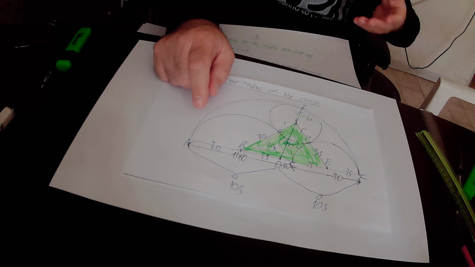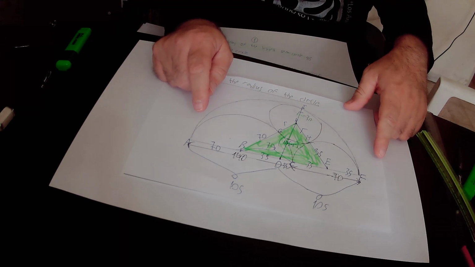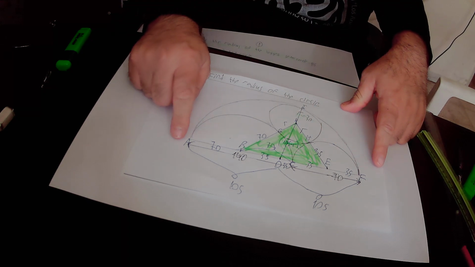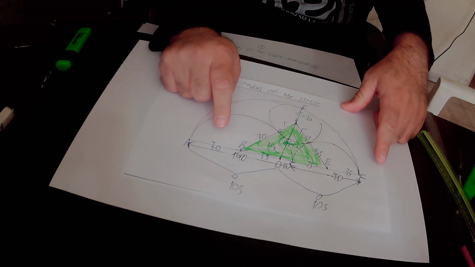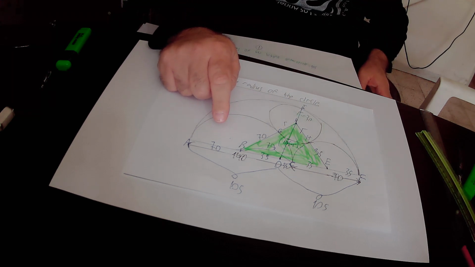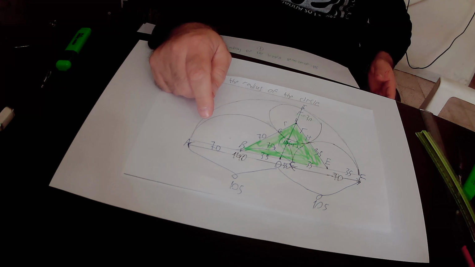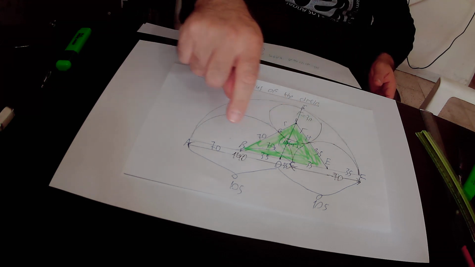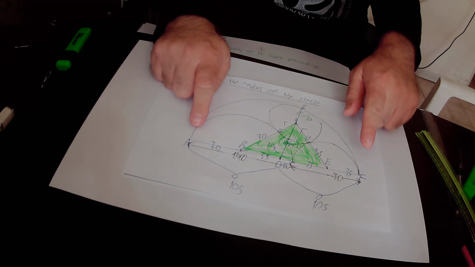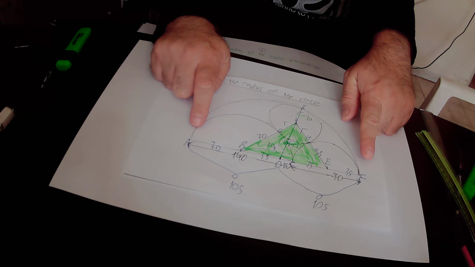But what is AF? AF is the diameter of the biggest semicircle, and the diameter of any circle or semicircle is twice as long as the radius. So we define the radius of this biggest semicircle as capital R. Therefore, AF will be equal to 2 times capital R.